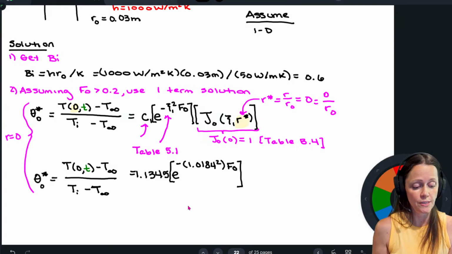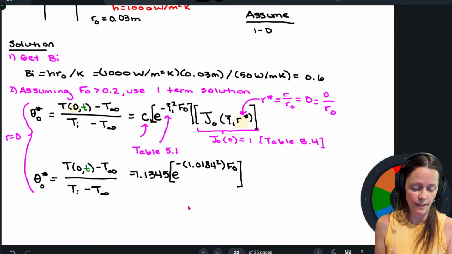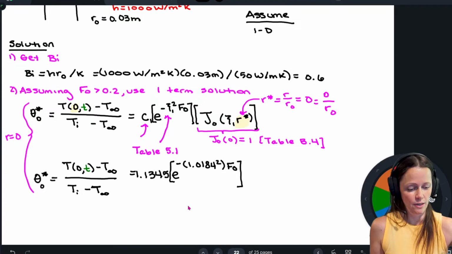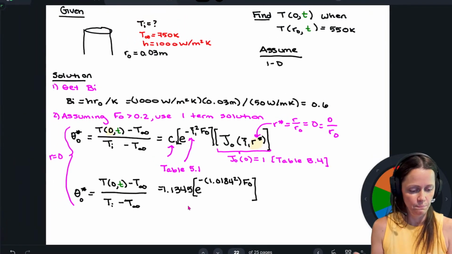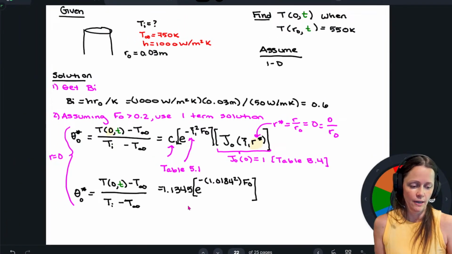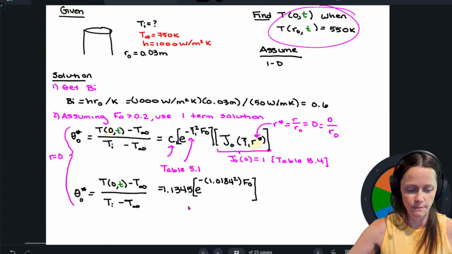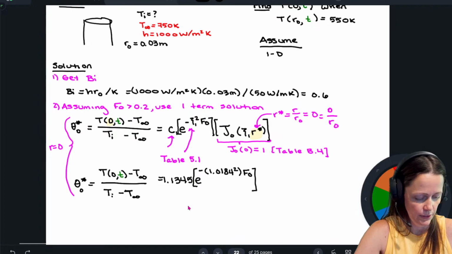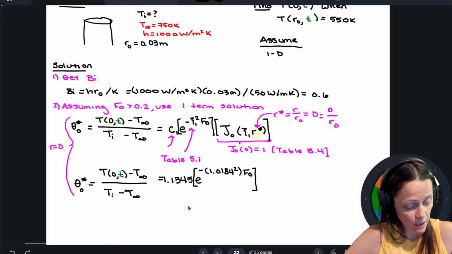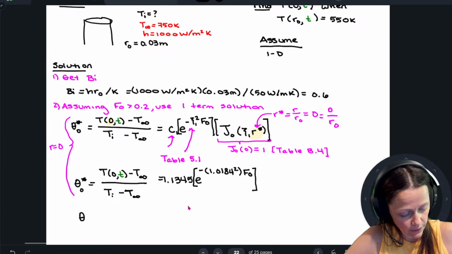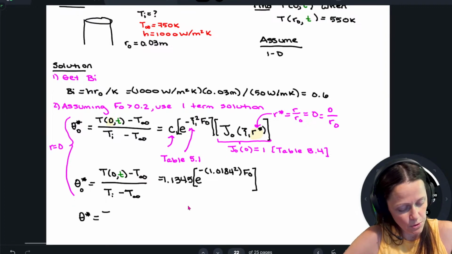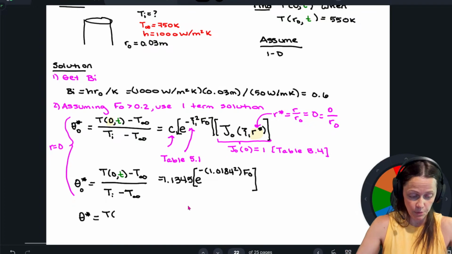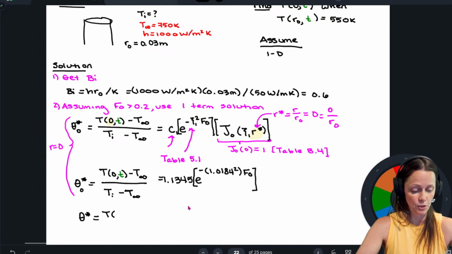But now we're going to do the same thing. We're going to define that theta star at r naught, because I've got some information about, right, I need to relate these two things here. Right. So at r naught, I have a theta star. So it's the temperature at whatever position and time I'm looking at.